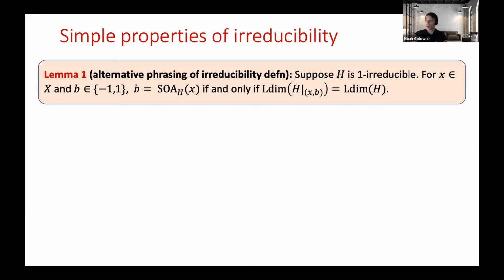In particular, for a class H which is one irreducible, for any point x and for any bit b, we have that b is equal to SOA H of x if and only if the Littlestone dimension of H restricted to xb is equal to the Littlestone dimension of all of H. So we're basically saying that SOA chooses the bit b which does not decrease the Littlestone dimension of H restricted to xb, for each point x.